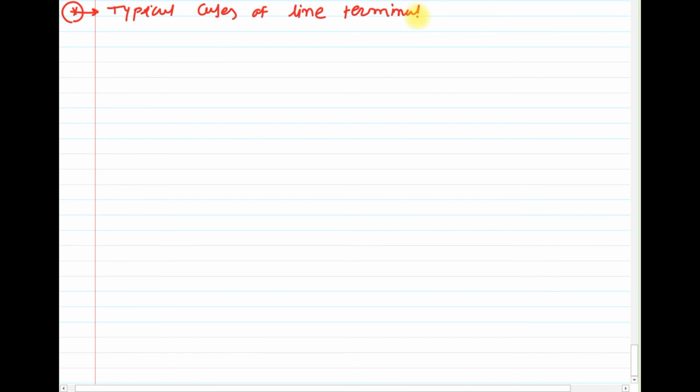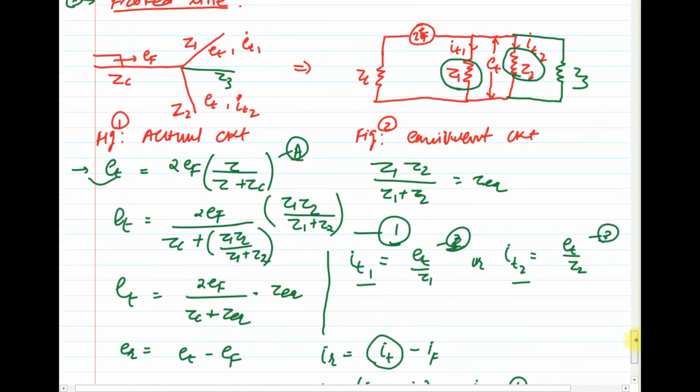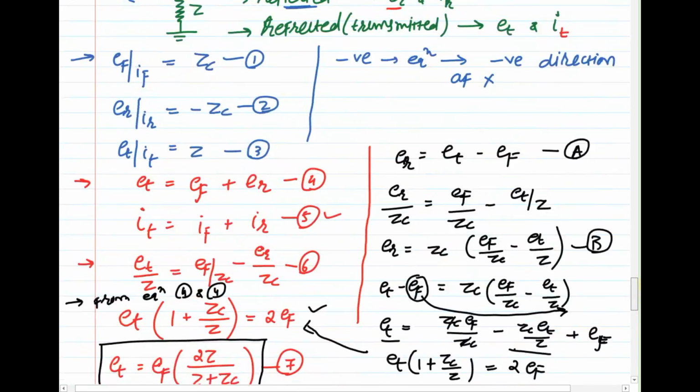And next, from the derivation of the reflection and refraction coefficient, or I can say the equations of ET and ER, let us understand the typical cases of line termination, or transmission line termination. We have considered the simple concept where the line is terminated by the impedance Z over here.